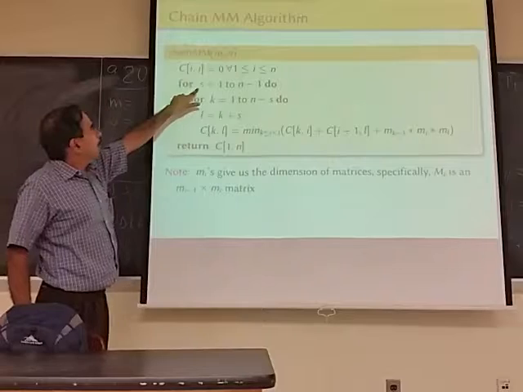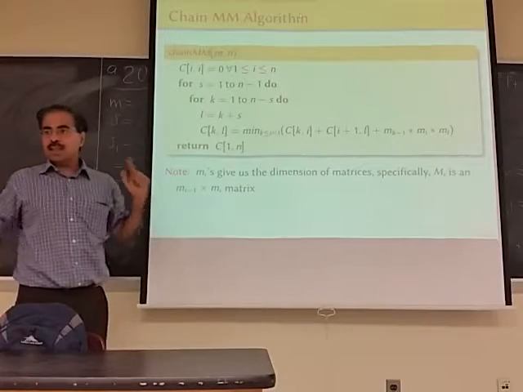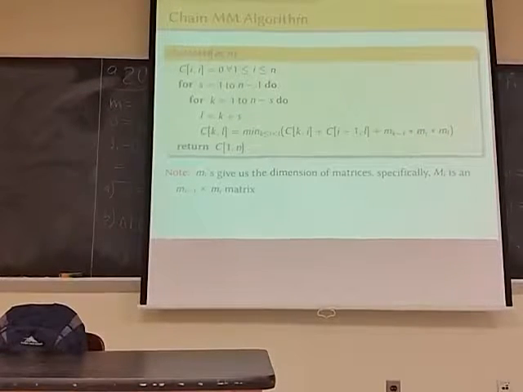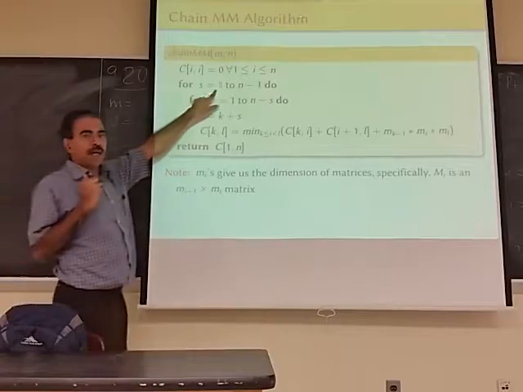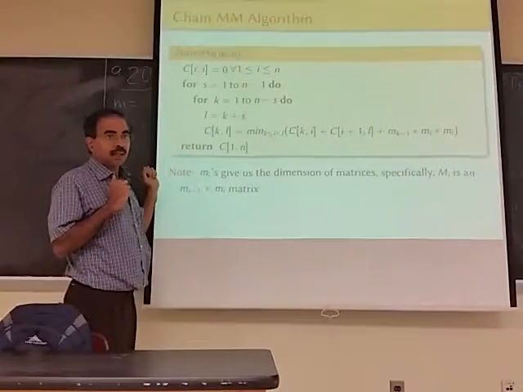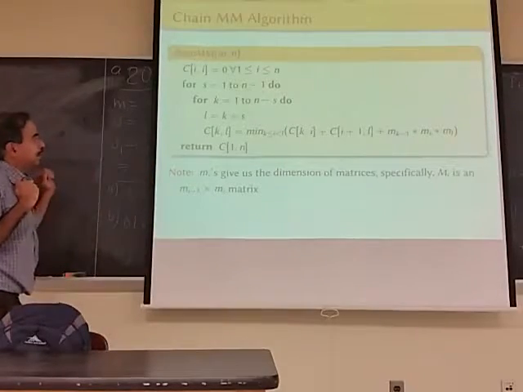The outer loop basically says what is the length of the substring for which I'm going to compute the cost. I'm going to start by setting this length to be 1, and then I'll go to length equal to 2, 3, and so on. Now, what is the exact substring that I'm going to consider?